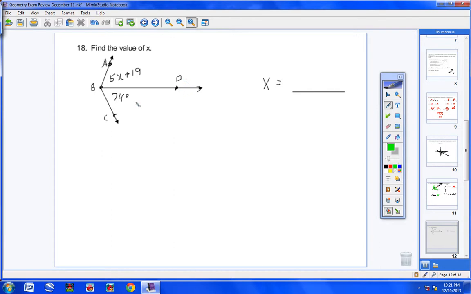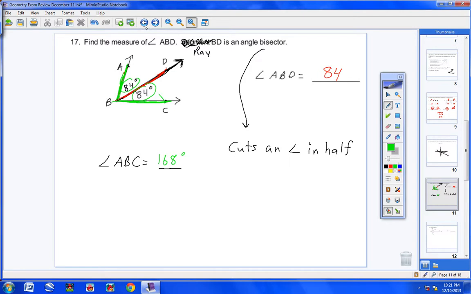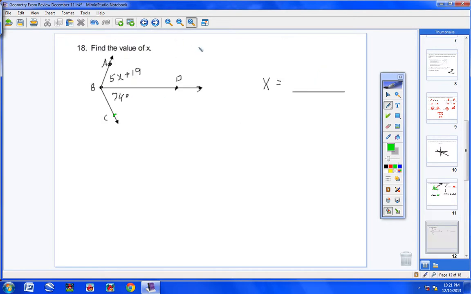Find the value of X. Actually, I believe somewhere I should have put BD. So go ahead and write this down if you're taking notes: ray BD is an angle bisector, and I apologize for forgetting to put that in there.